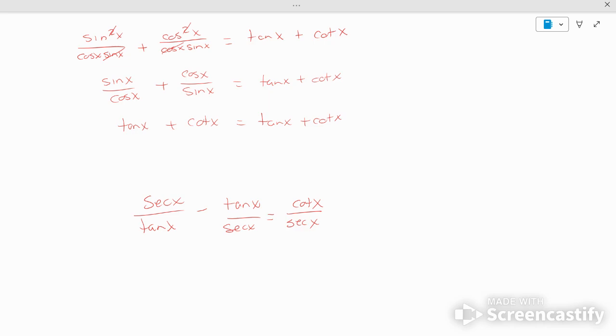Ew. All right. If you don't know what else to do, what should you do? Turn things into sines and cosines.